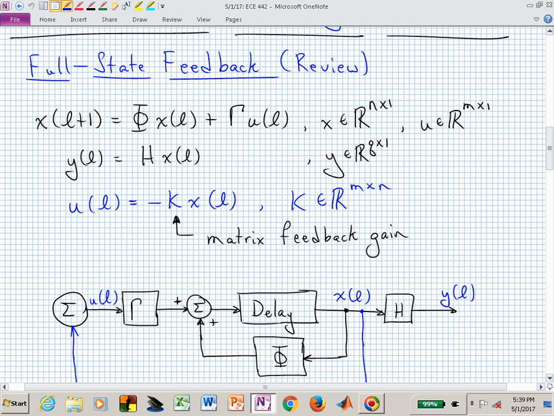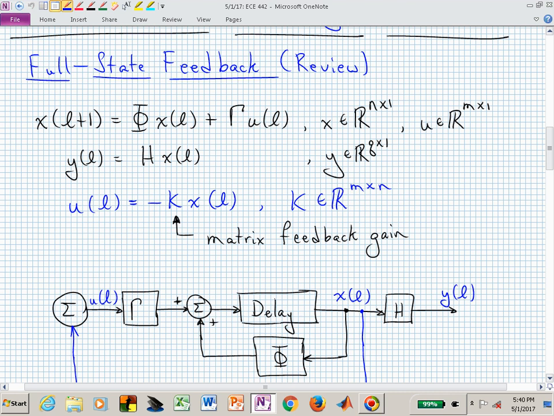But typically in this class, we're going to concentrate on m being 1. And the output y is seen through this mapping matrix H, our output matrix, which takes a linear combination of the state variables, and how many of those outputs we have available or measure depends on how many rows we have in H.